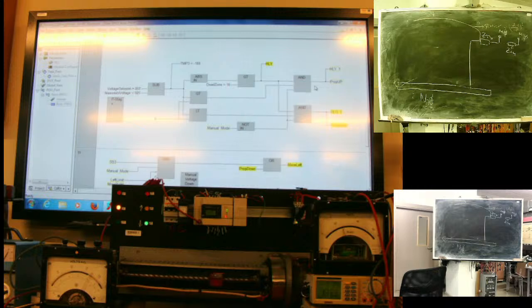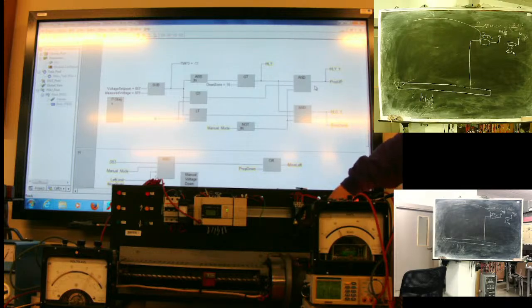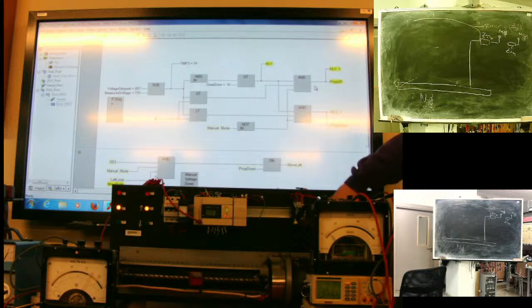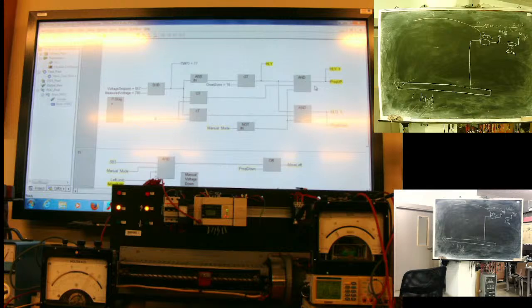Goes down. And it's stable. I decrease load. Voltage increased and system decreased it. Let's say I drop the load. Nice thing, isn't it? Nice toy.